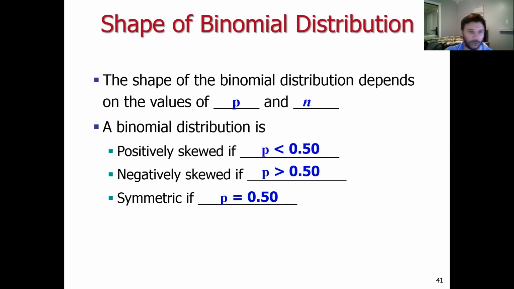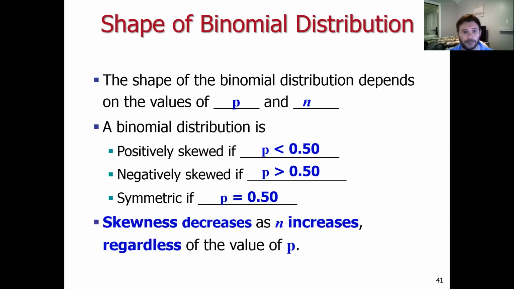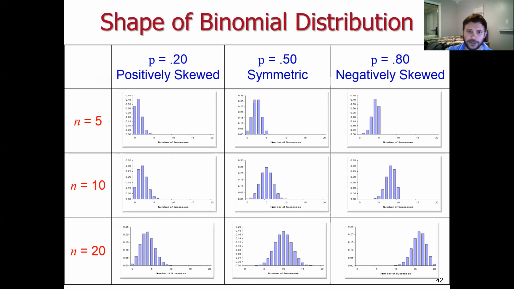If we're dealing with either the positively skewed case or the negatively skewed case, the degree of skewness turns out to go down as the number of trials, or the size of the sample space, increases. So here are a few different pictures, and I want you to just look at each column and move down.